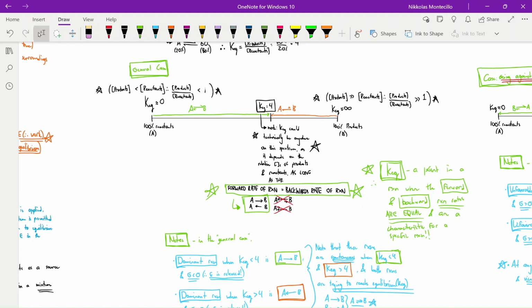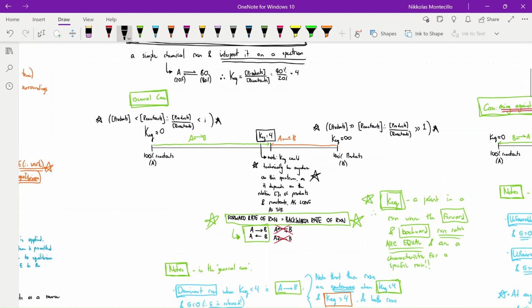Therefore energy is released, because this is the natural tendency that we tend to observe here. If the KEQ is less than 4, A will be converted into B. If the KEQ is greater than 4, conversely speaking, B will be converted back to A to establish that 20%.